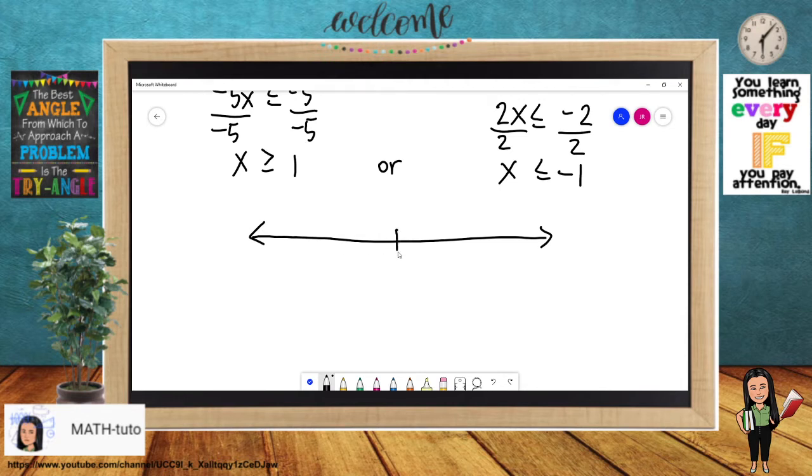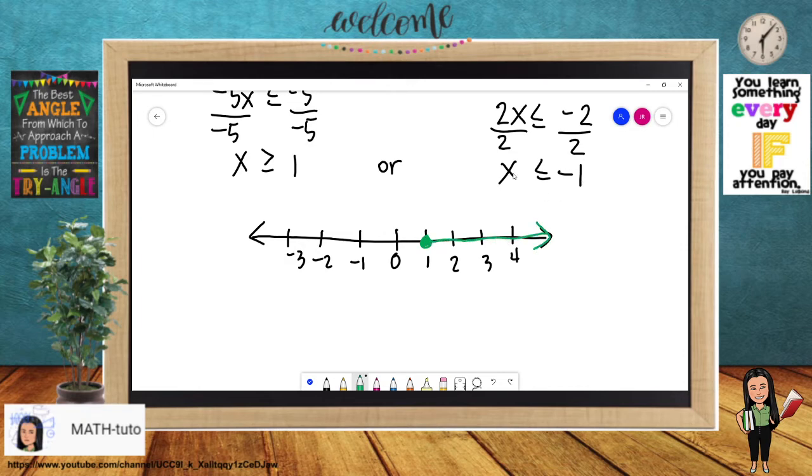Okay, so sa gitna ko na lang 0 and then positive 1. For this inequality, we have x is greater than or equal to 1. So 1 is included kasi greater than or equal to 1. And then we shade to the right.